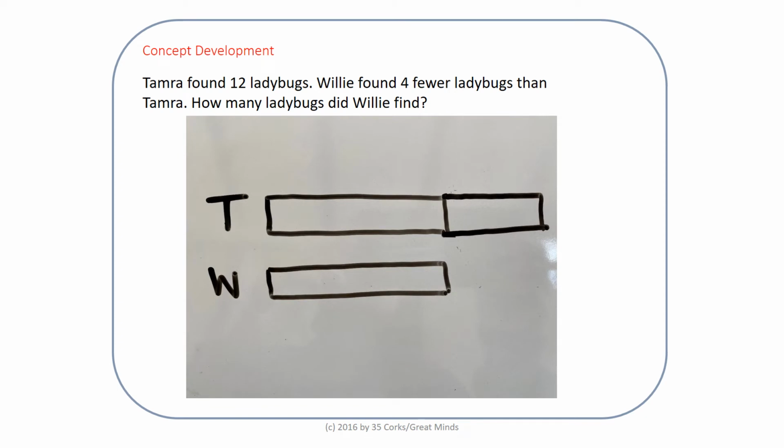Tamara found more ladybugs. It didn't say in the problem that she found more, but it said Willie found 4 fewer ladybugs. So that means Tamara found more if Willie found fewer. I needed to add an extra tape, the more tape, onto Tamara's tape to show that she found more.